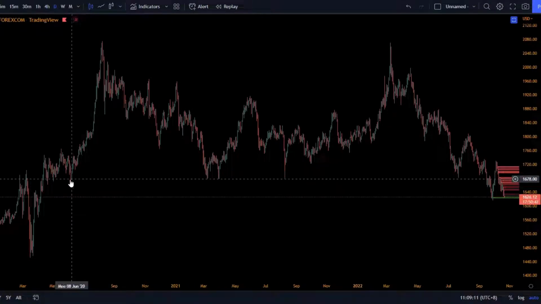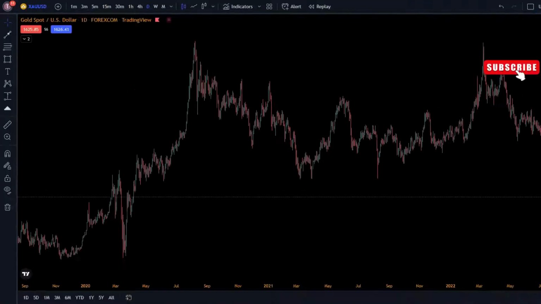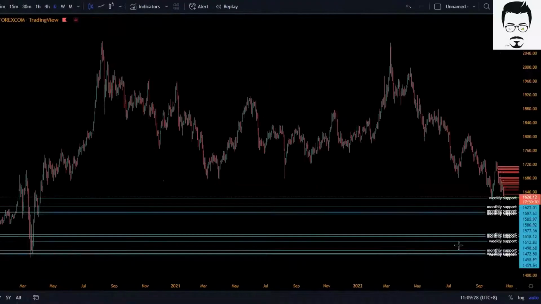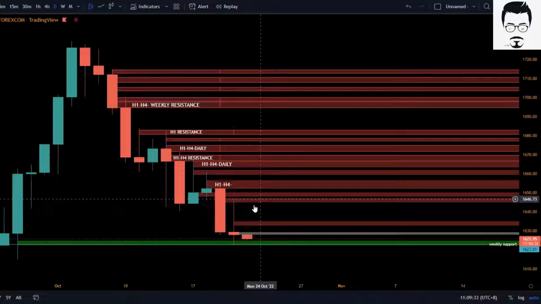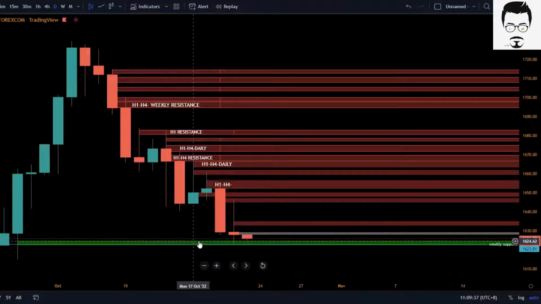If you look on the left part of the chart, and I will check the weekly support for us to see the monthly and weekly support. So there you go. So we are also standing on weekly support. So this support is pretty solid.